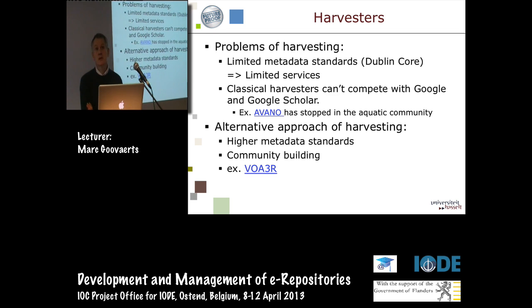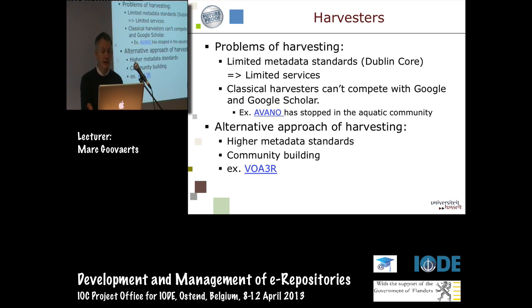Also, you see that Google and Google Scholar are crawling the whole web and giving services where classical harvesters can't compete. People are going to Google Scholar, not going that much to Avano. Still, there are people who are unhappy that Avano disappeared.